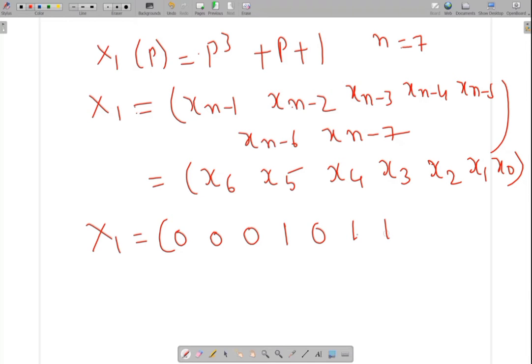The constant term is 1. This is the first encoded cyclic code word, 0 0 0 1 0 1 1, whenever the input message vector is m1, that is 0 0 0 1.